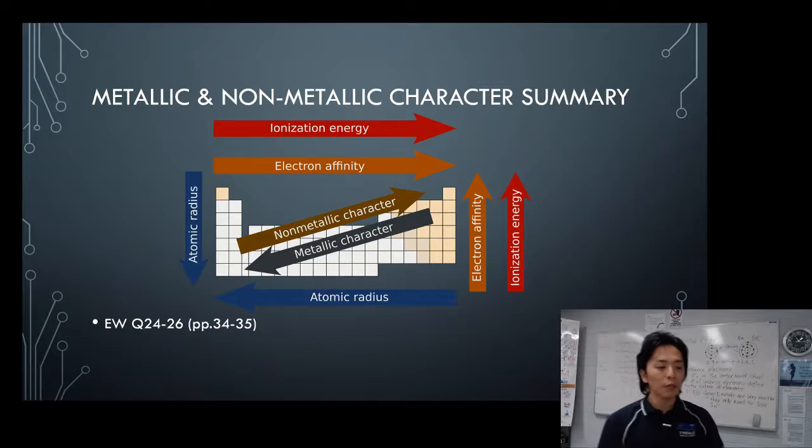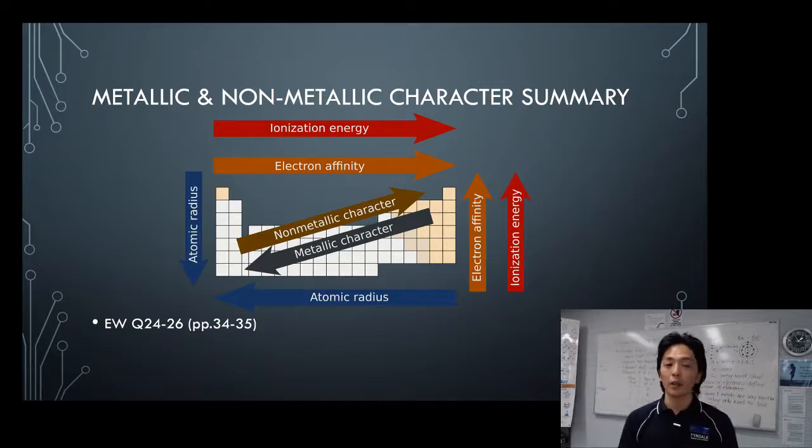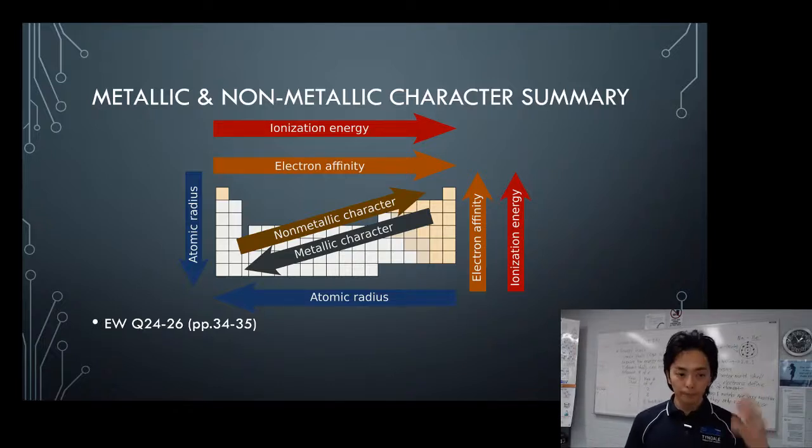All right, here's a summary for metallic and non-metallic character. If you go to the right, ionization energy would increase. Electron affinity will also increase because there are more protons. Non-metallic character will increase if you go to the right as well as go up.